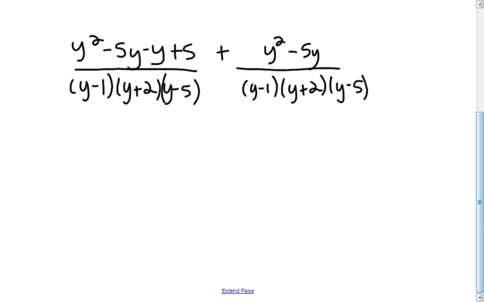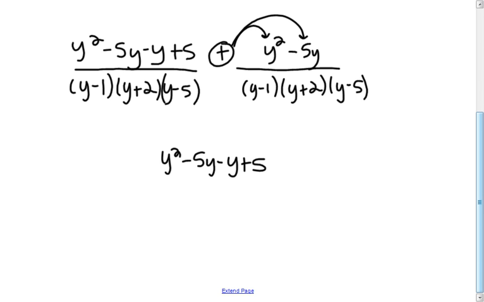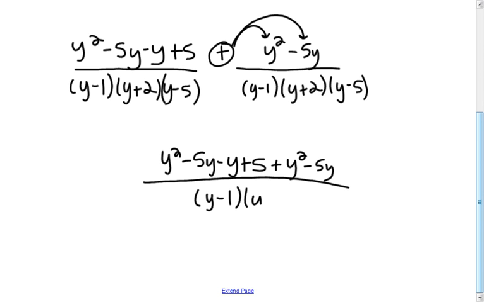And so when I put this all together in one fraction, and most of you can probably skip this step, but I'll have y squared minus 5y minus y plus 5. And then when I have a plus sign, it doesn't really matter because you're distributing positive 1 through and positive 1 through, which is not going to change anything. So I can just rewrite this as y squared minus 5y. Again, all over your common denominator, which is this.